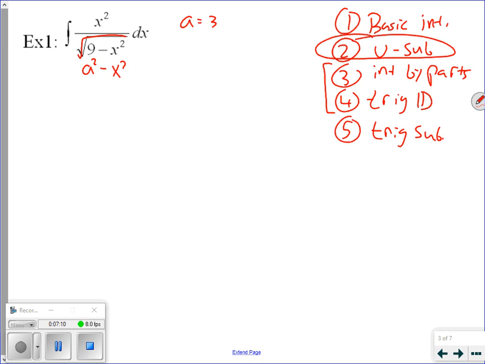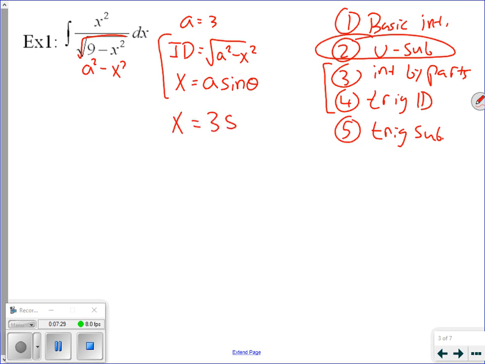Well, that identity, the ID, let me write it down, is a squared minus x squared. The fact is that x equals a sine of theta. Okay? So this is what we're using from the chart. So if that's true, then x equals 3 sine theta.